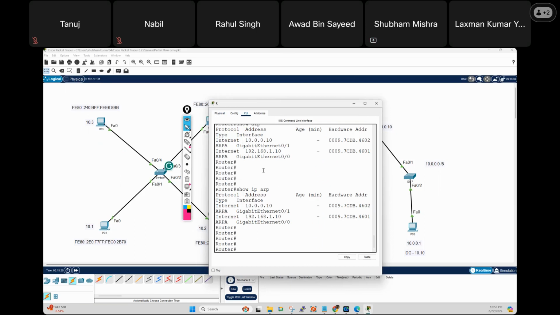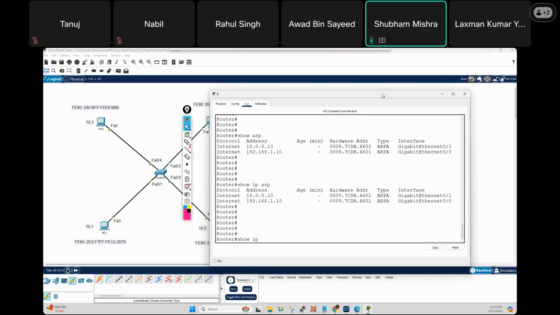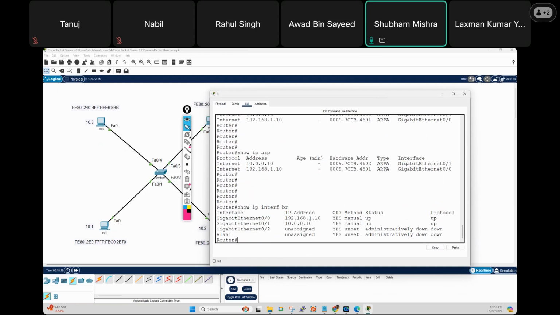And on the router, what did we configure, guys? What is the command to check which IP address we configured on the router? Show IP interface brief. This is the command to check which IP address you configured. See now, I configured 168.0 here, and here we configured 169.